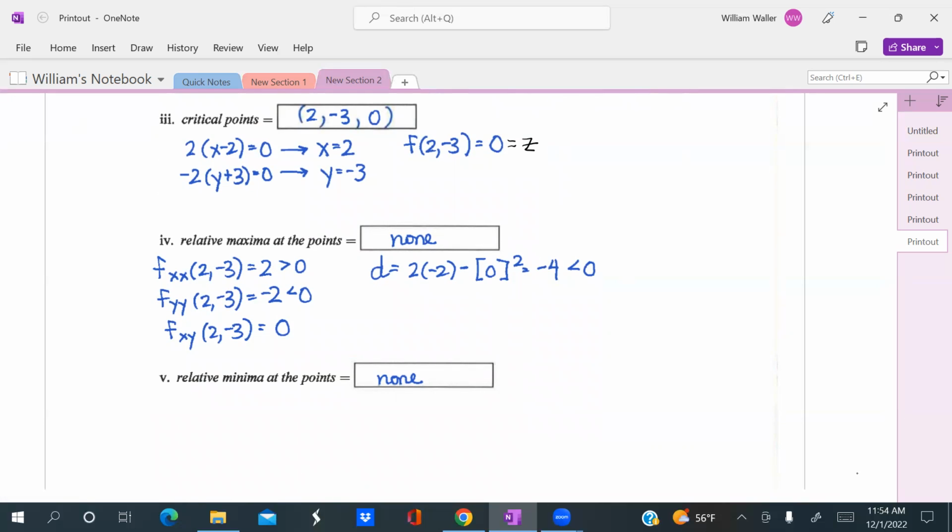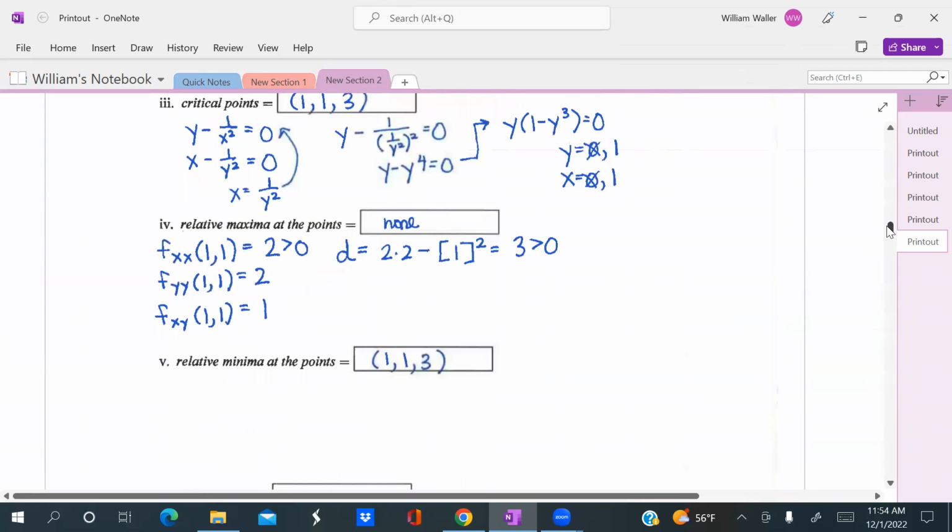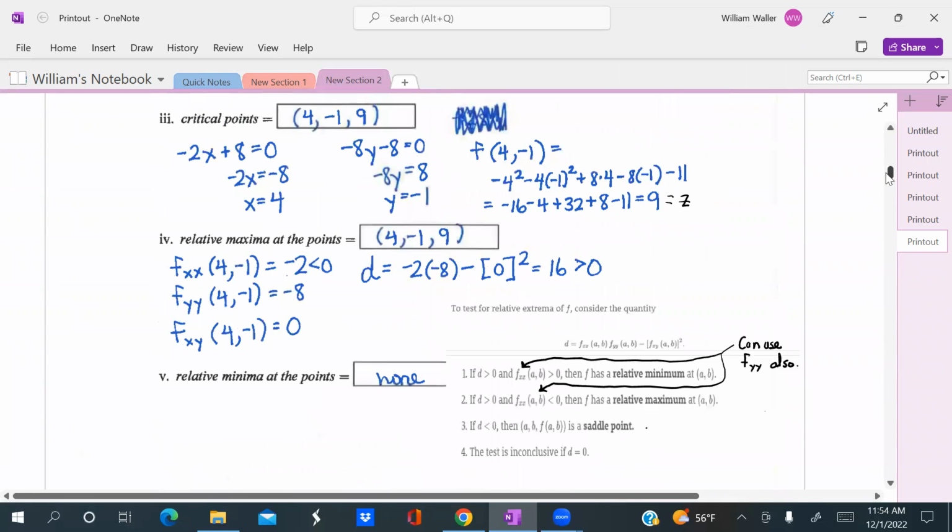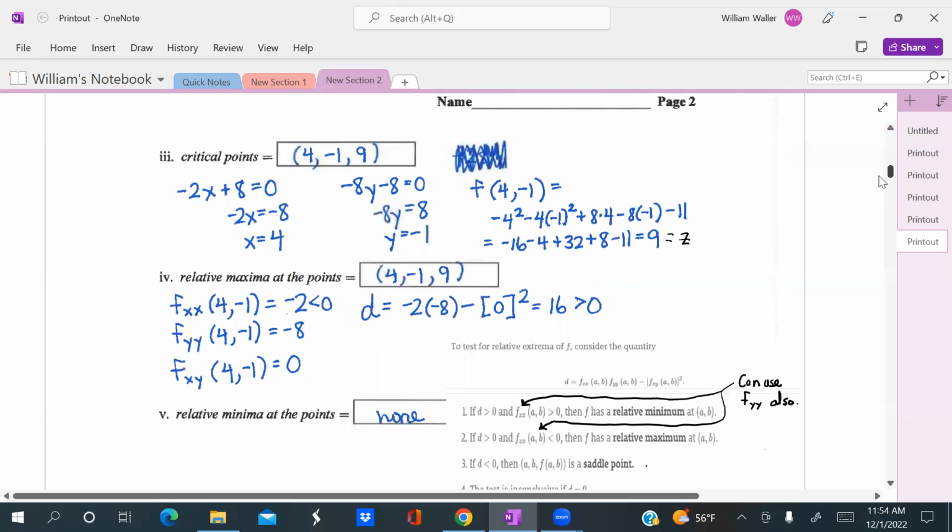So when you plug those values in and compute D for your second partial derivative test, you get, of course, 2 times −2 minus 0 squared, and that turns out to be −4, which is less than 0. So what does that mean in our second partial derivative test when D is negative?